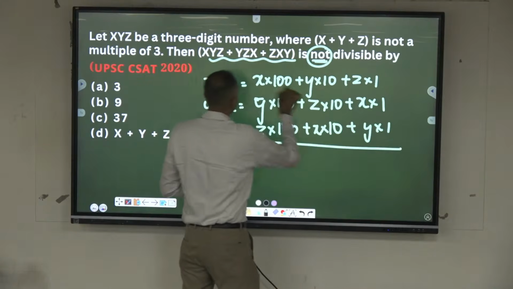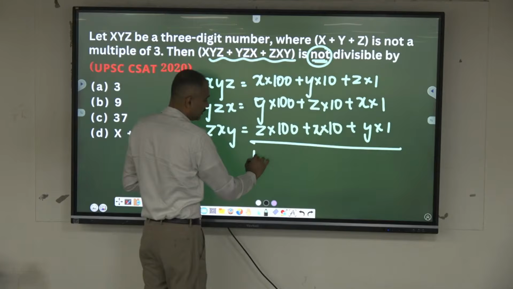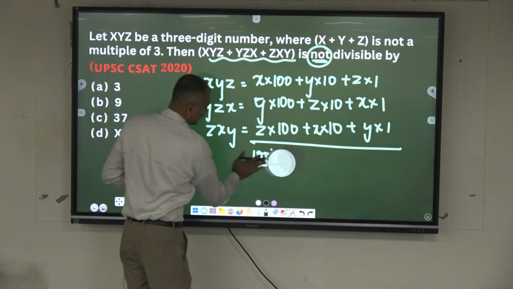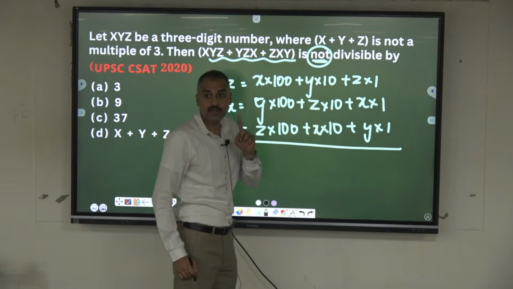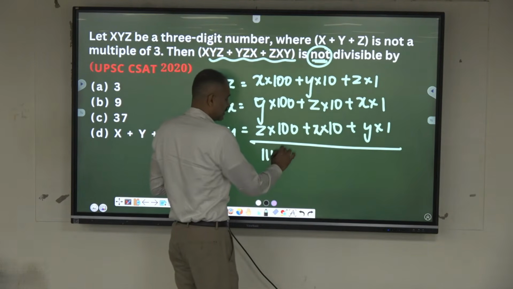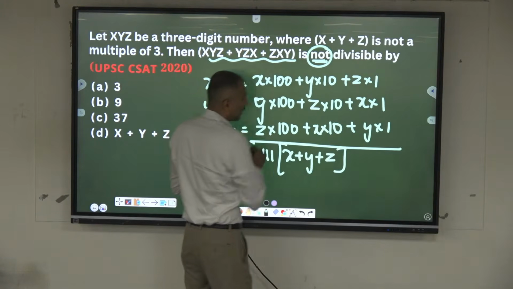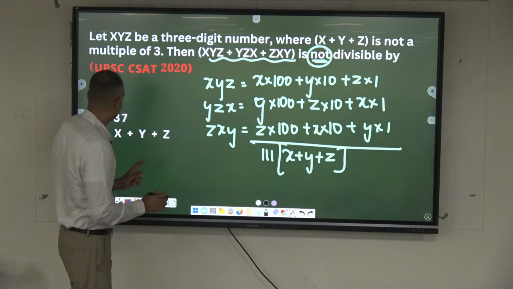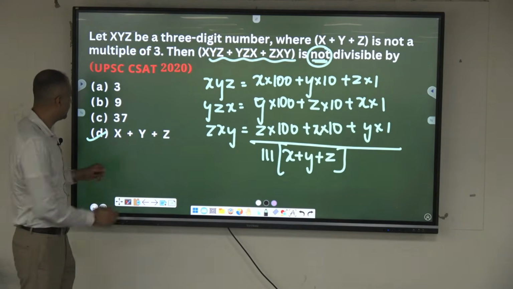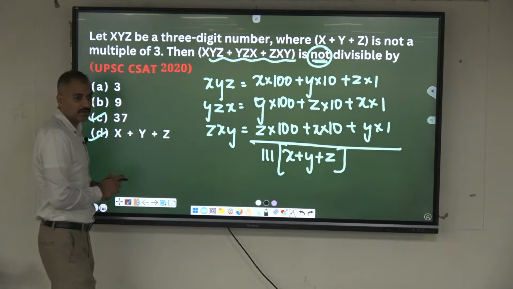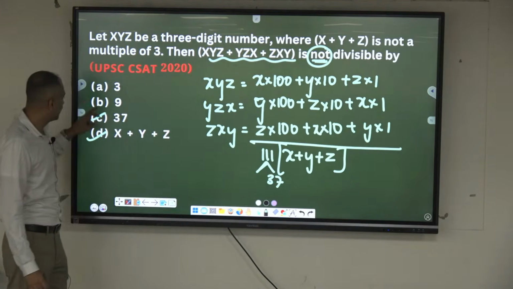Now, if I add all this, it is 100x, 10x, 1x, totally 111x, 111y, 111z. A number of this kind is always divisible by what? x plus y plus z. Is it divisible by 37? Yes, because this is a 37 rule, 37 into 3.